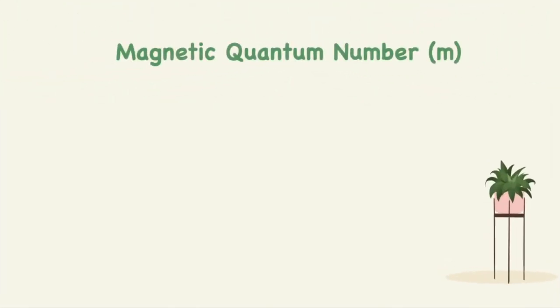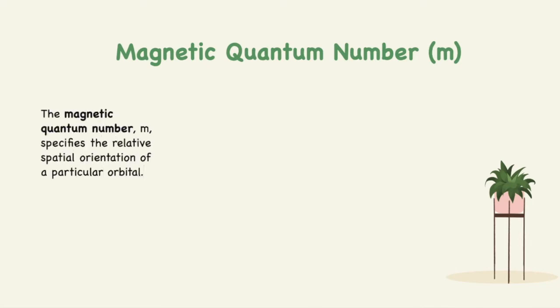The next is the magnetic quantum number. The magnetic quantum number, or m, specifies the relative spatial orientation of a particular orbital. The m will have values from -l to +l. For the s subshell with 1 orbital and l equals 0, m will be 0.